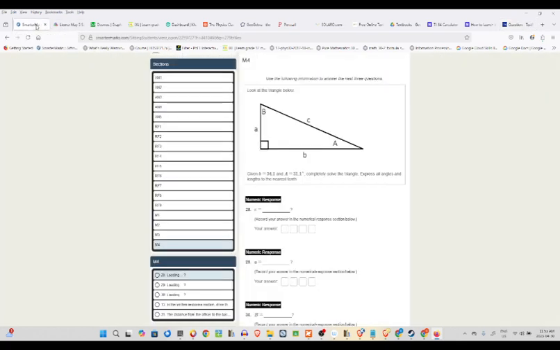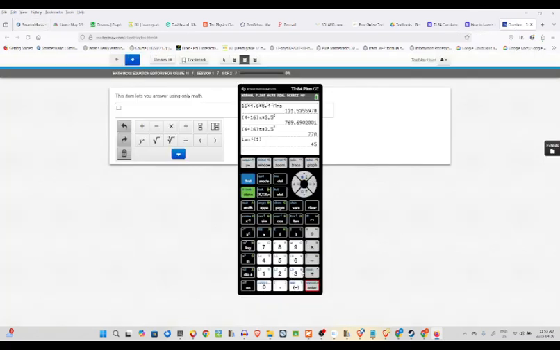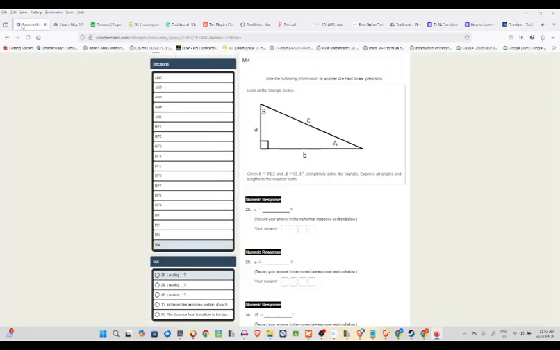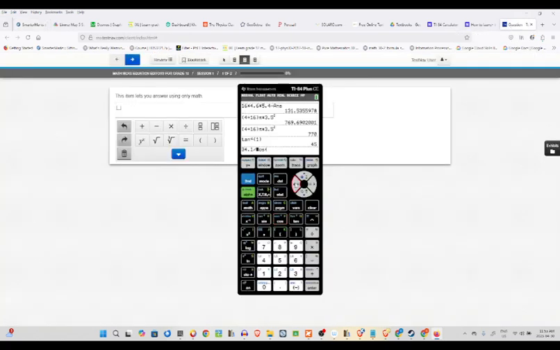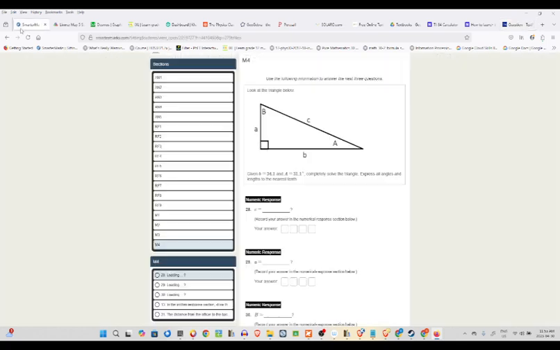Anyway, B over the cosine of the angle is 34.1 divided by the cosine of 30. Oh, the angle was 31.1. Oh, yeah. Almost did that backwards. There we go. So our hypotenuse is 39.8.